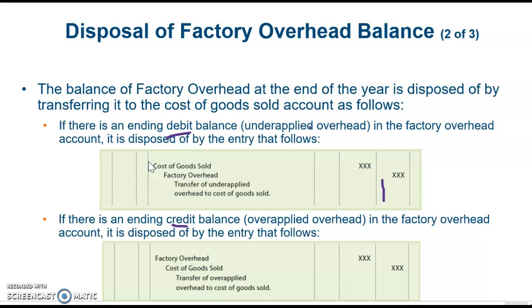So let's say you took out $84,000, and let's say you were left with $1,000. If you have under applied, this is how you would do it. But let's say you applied too much and you end up with a credit balance. This is how you would do it down here.